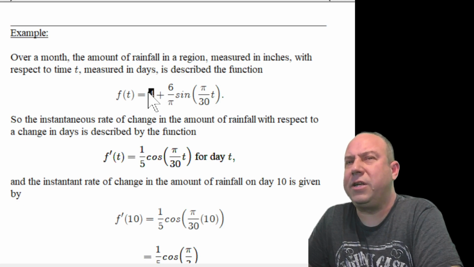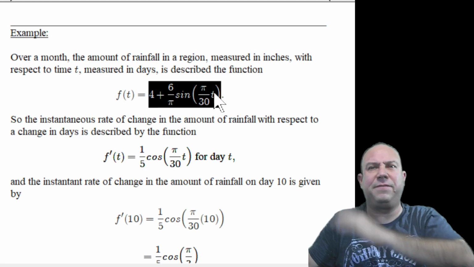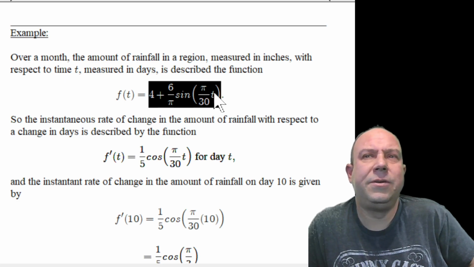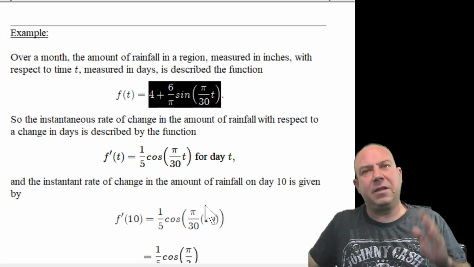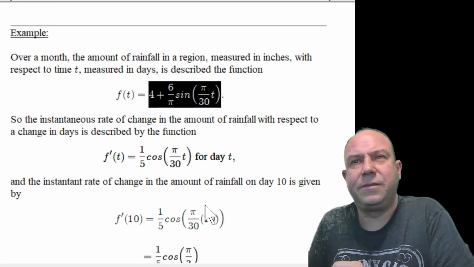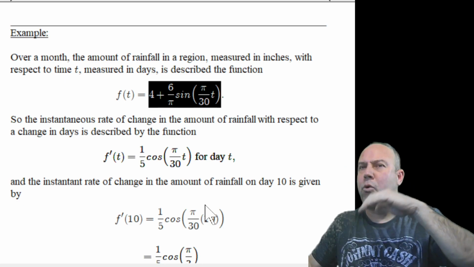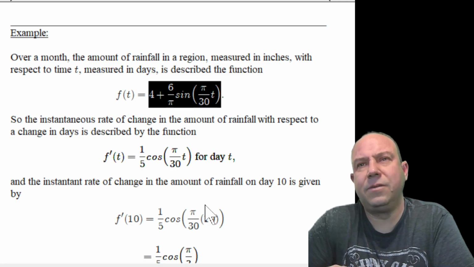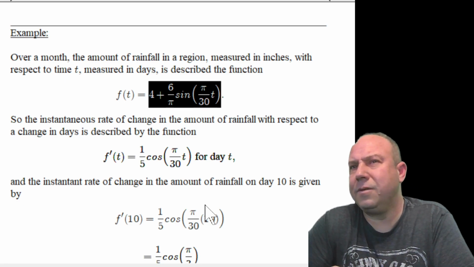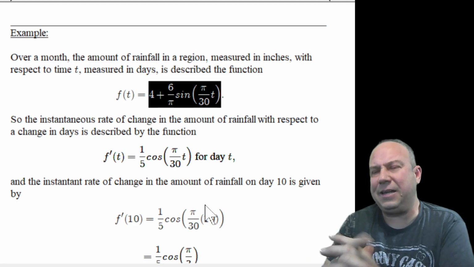But over these 30 days, it cycles through a high and a low period highlighted by the sine function, where it just so happens that on day 10, the amount of rainfall is still increasing. We haven't hit a point in the cycle where it's decreasing yet. All right. So that's instantaneous rate of change, folks.